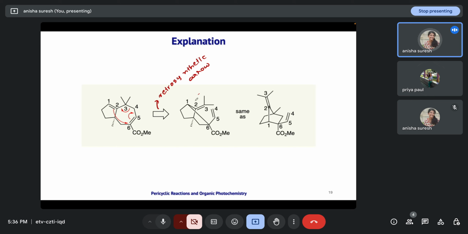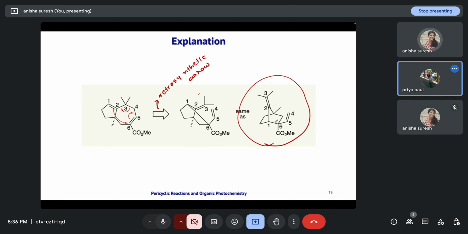And if we redraw it, just flip it and draw, it will be like this. Follow the numbering. Clear?